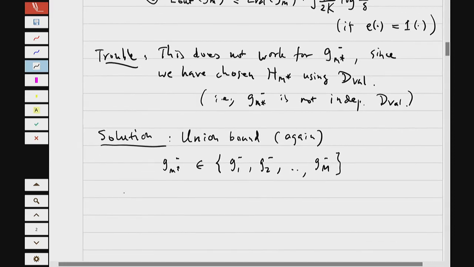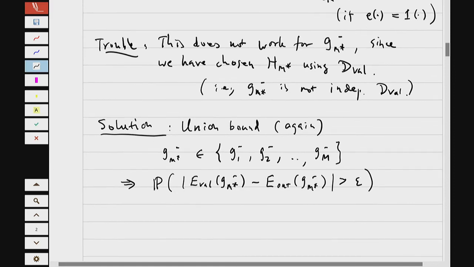So if we want to find the probability that this validation error of g_m star minus, subtracting the test error of g_m star minus, is greater than some epsilon, well, basically you want this probability to be small. You want those two to be close.